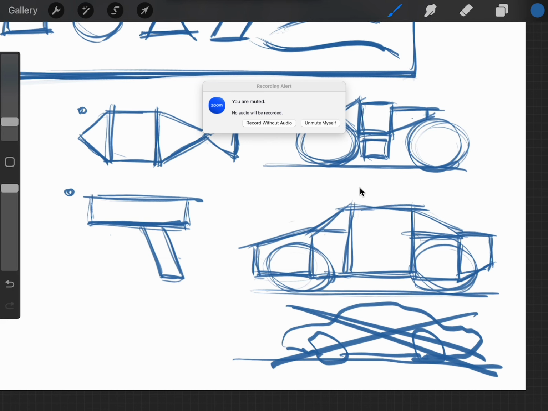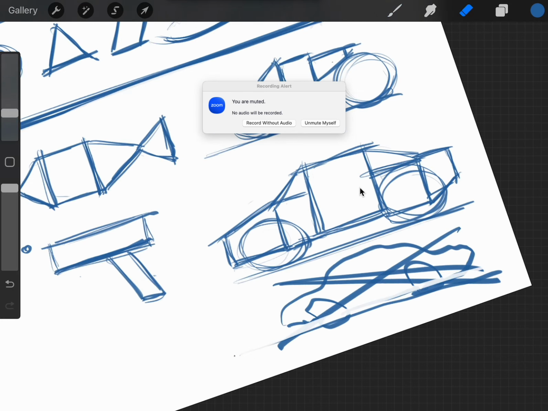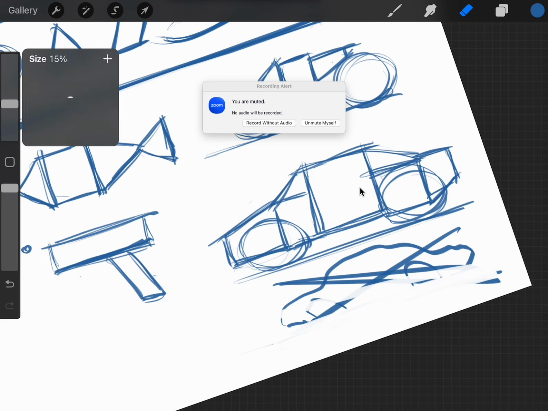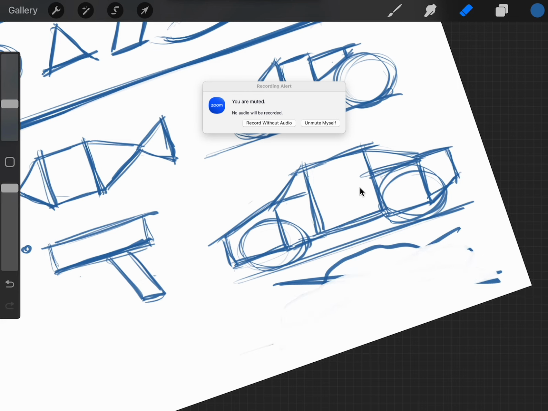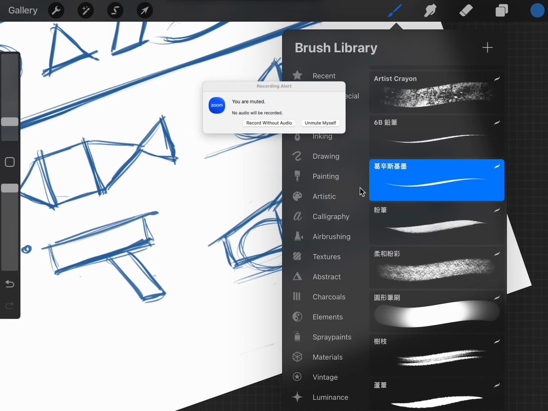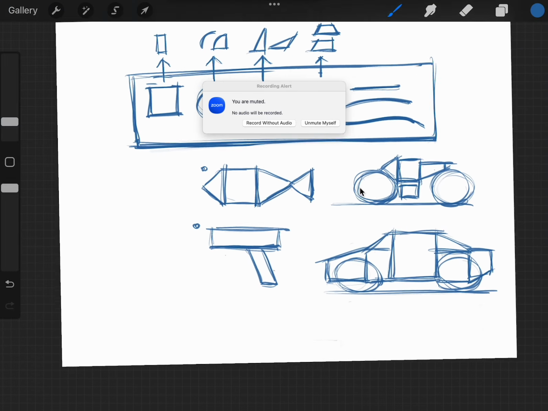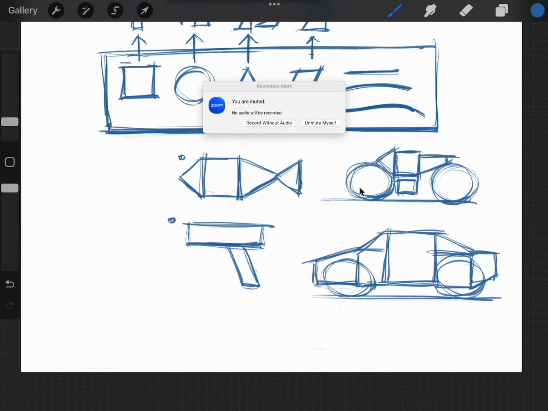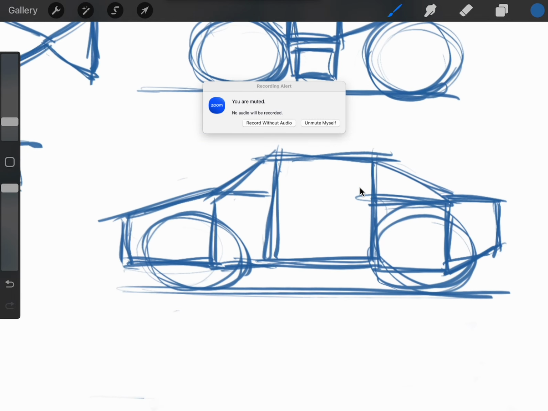No, don't worry about that. I'm going to erase that. Here, you might need to zoom in to help you with capturing the form.